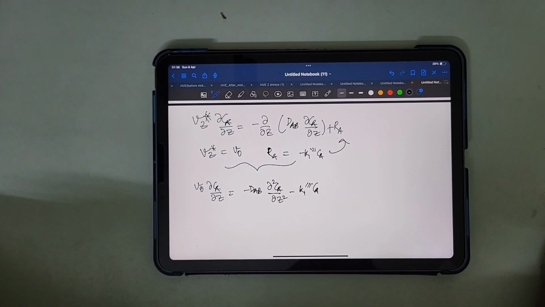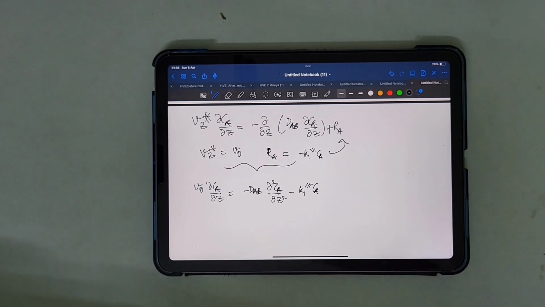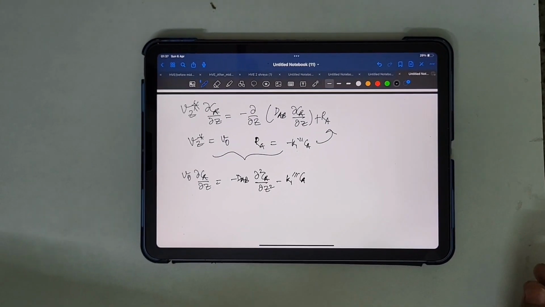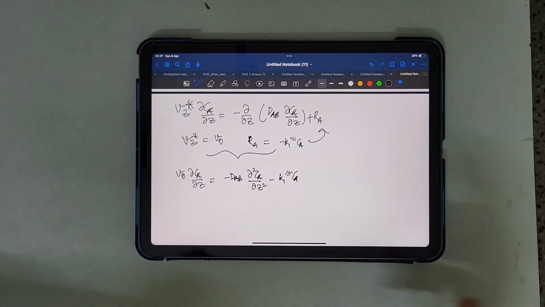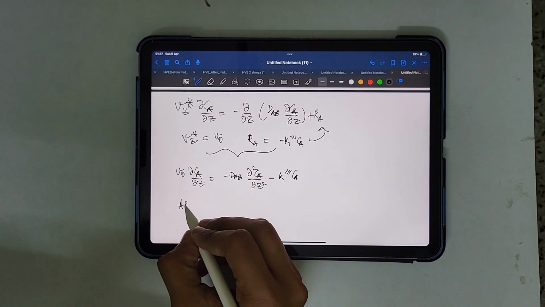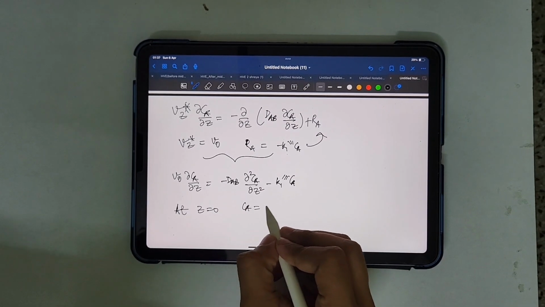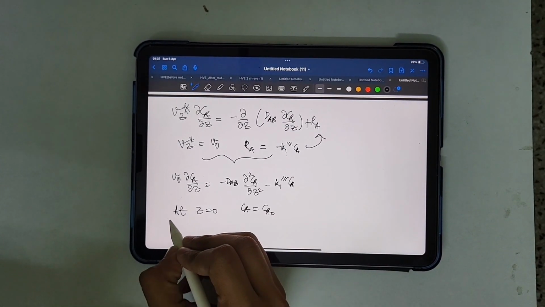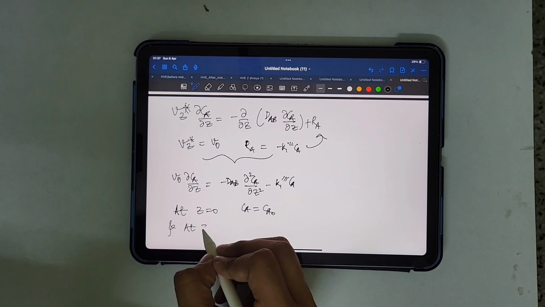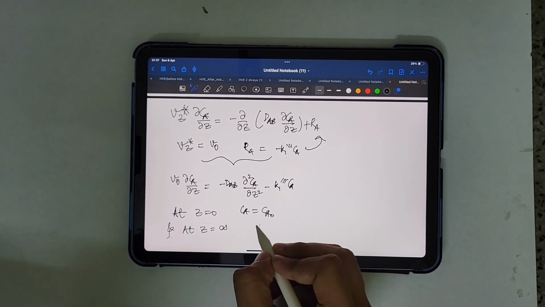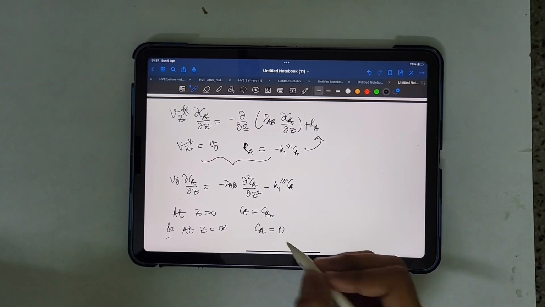Now for this question, we have the following boundary conditions. At Z equal to 0, CA is CA0, and at Z equal to infinity, CA is 0.